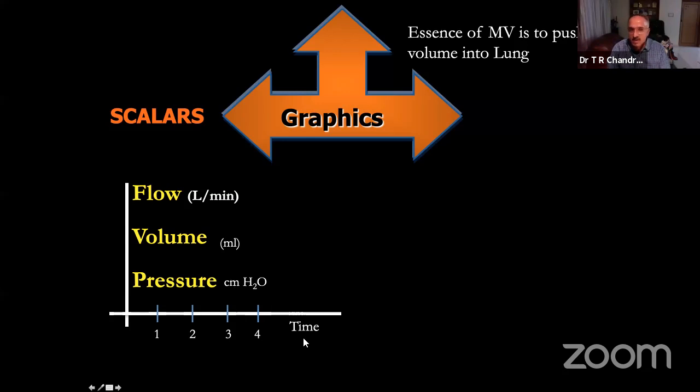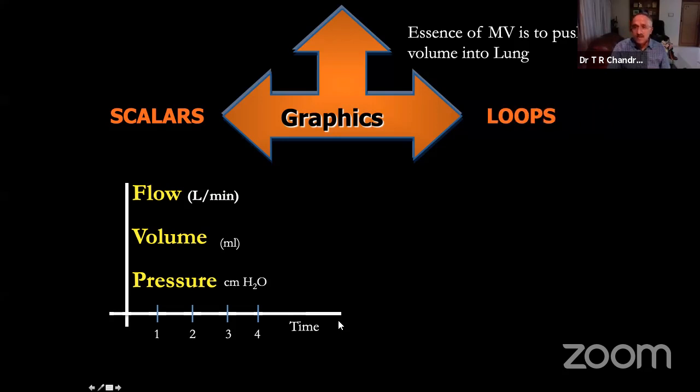In a pressure versus time scalar, you can't look at the loops, or at the peak inspiratory and peak expiratory flows, or at the tidal volumes. So that much clarity you should have when you try to understand. There are three scalars, and scalars are one parameter on the y-axis with time on the x-axis.